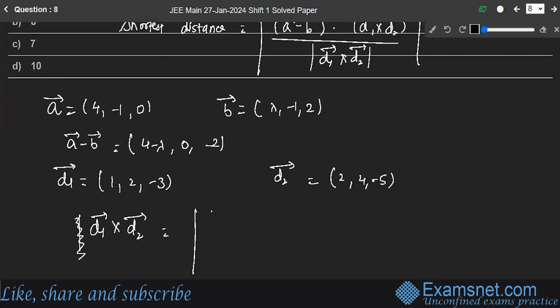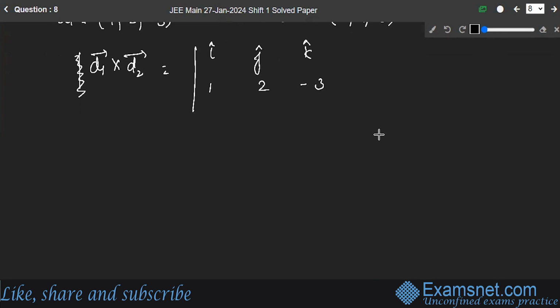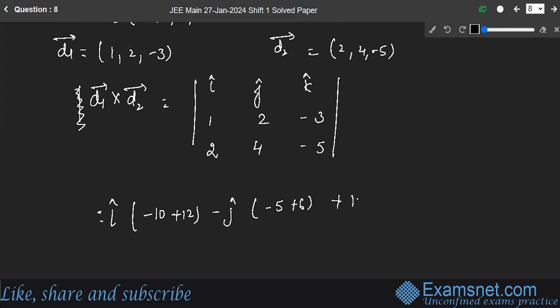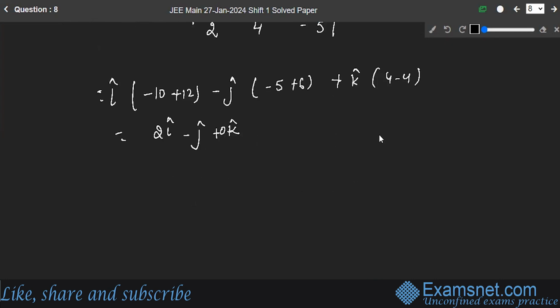The cross product will be given by I, J, and K; 1, 2, minus 3; 2, 4, minus 5. This is equal to I times minus 10 plus 12, minus J times minus 5 plus 6, plus K times 4 minus 4. So that's 2I minus J plus 0K. This is D1 cross D2.